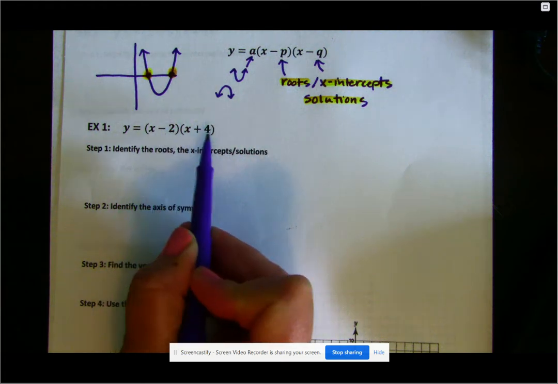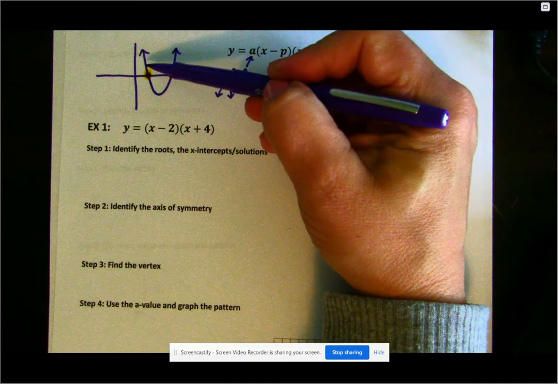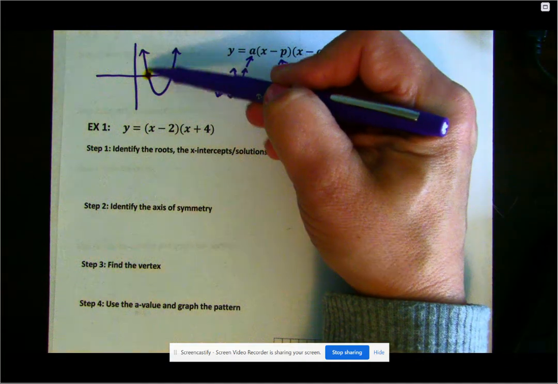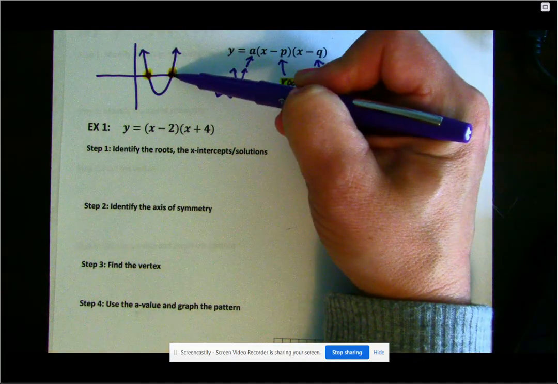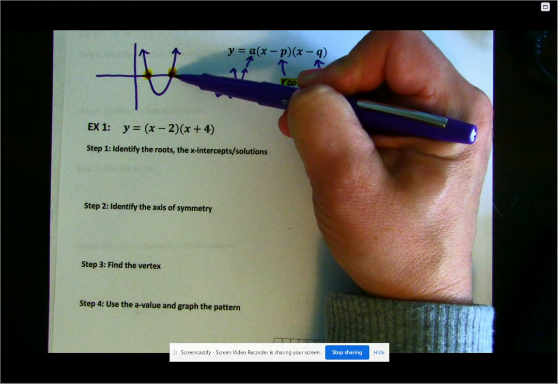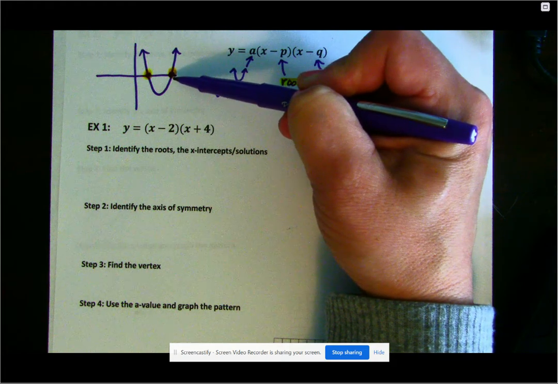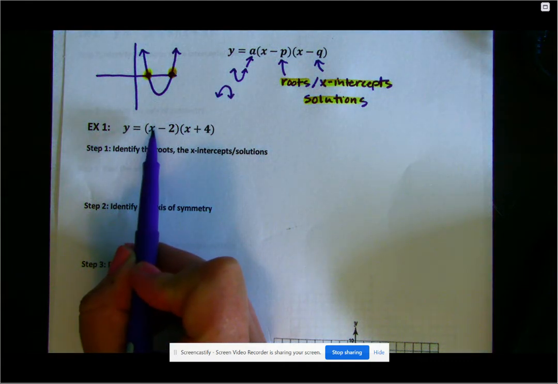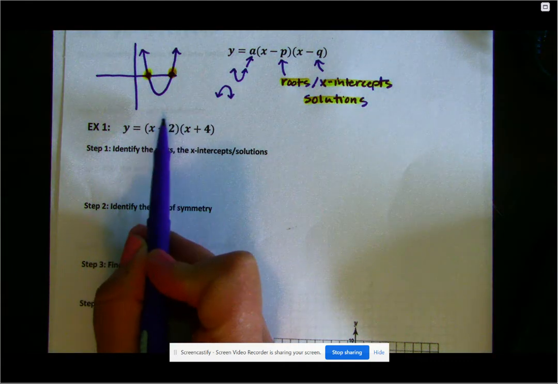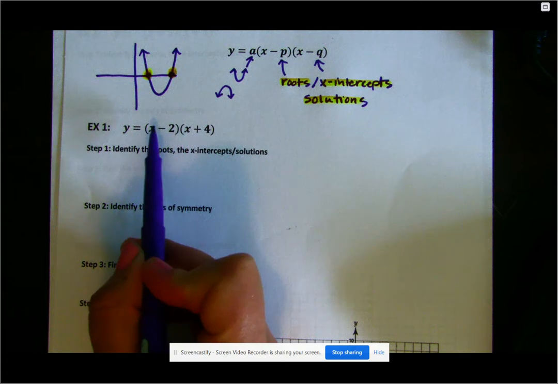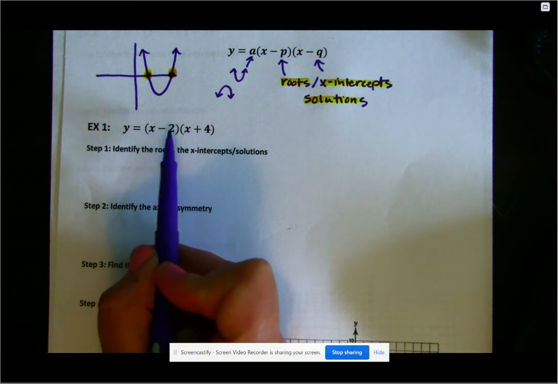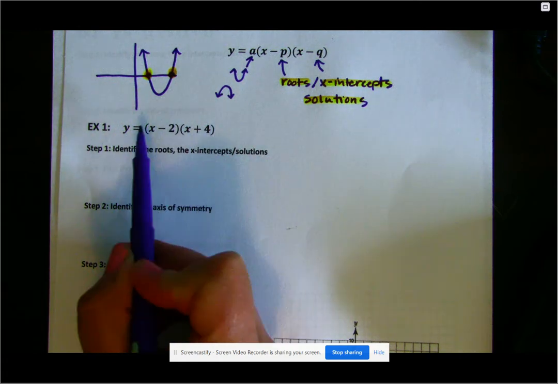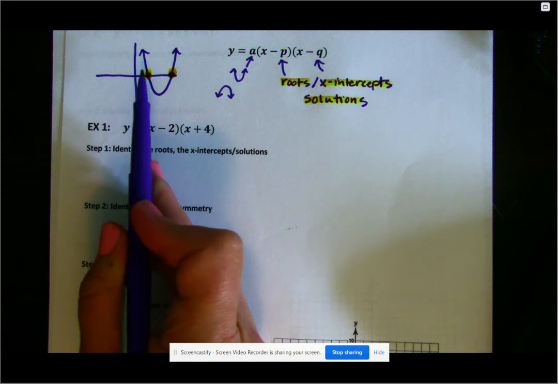Since you are looking at where the U-shaped parabola would cross the x-axis, that is where the y value is 0. So you're trying to figure out what number you could plug in here so that this set of parentheses would equal 0, because then it would make this whole expression 0 and make the dot on the x-axis.